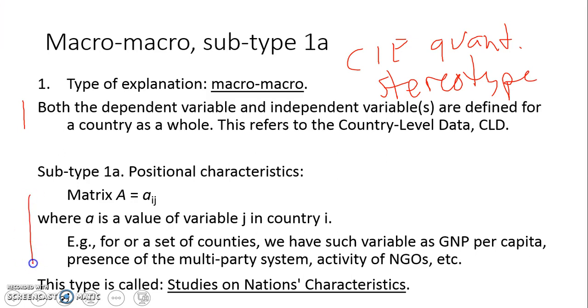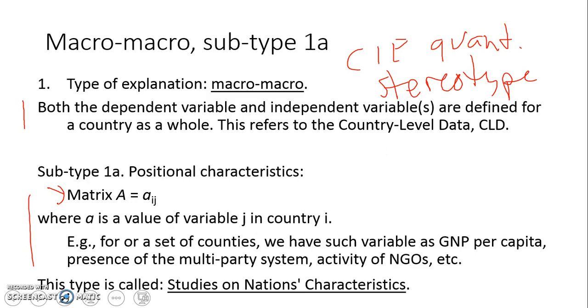In this case, A in this little equation, little a, is the value of a variable J in country I. So it's the value of a variable J, so let's say it's educational attainment in country I. Let's say that country, since I'm sitting in the United States, is the United States.